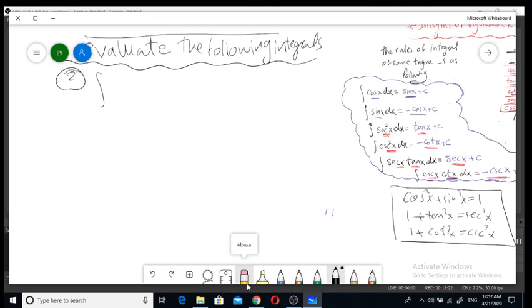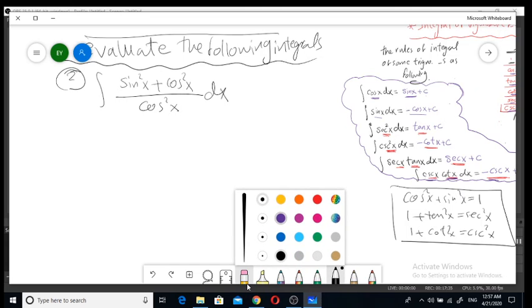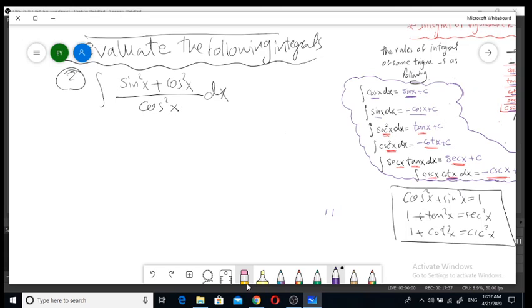If we need to evaluate the integral of sine squared x plus cosine squared x over cosine squared x dx. Again we have a quotient of two functions, and we don't have a quotient rule in the integration.